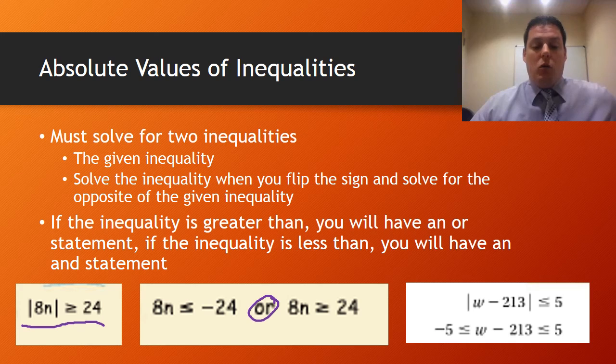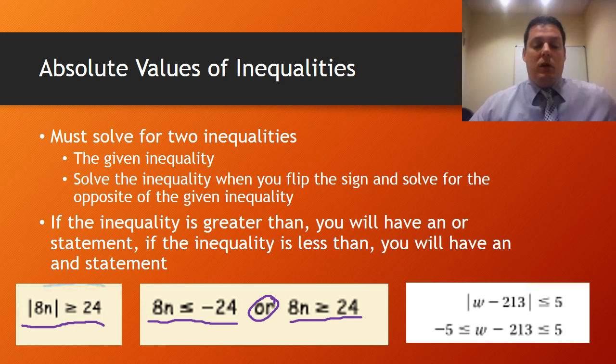So 8n is greater than or equal to 24. We're going to write that expression out, and then we're going to also flip the sign and change the sign, so that we have 8n is less than or equal to -24.